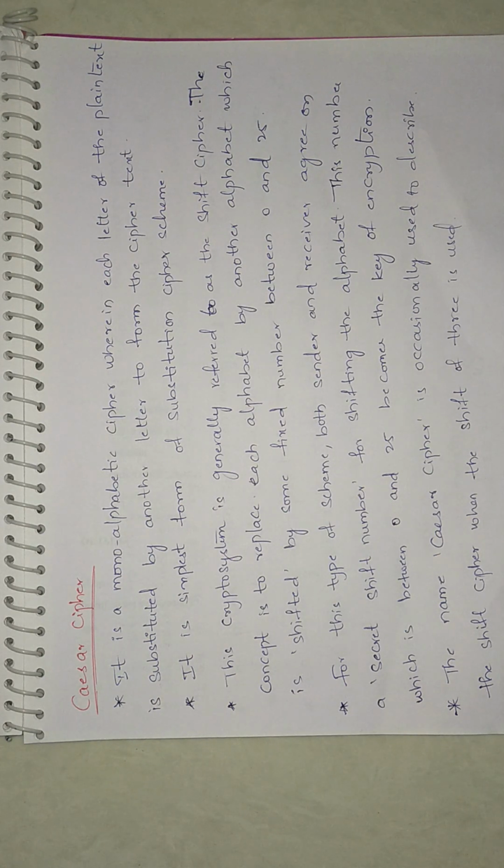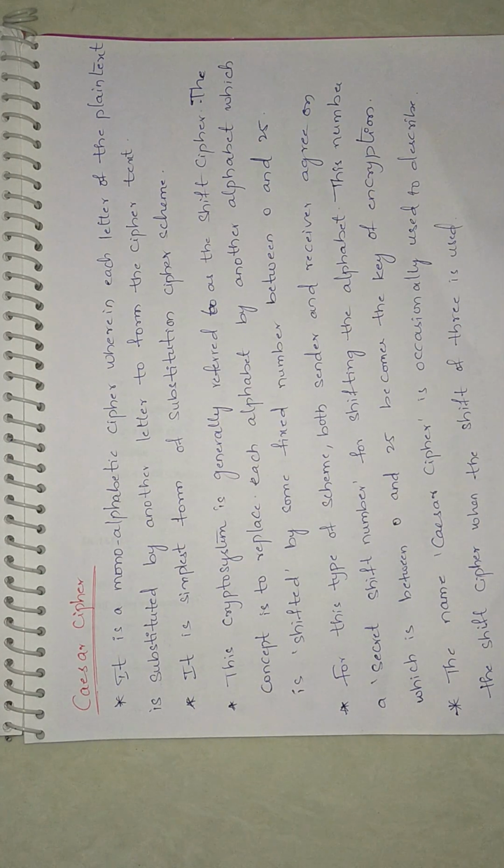For this type of technique, both the sender and the receiver should agree on some secret shift number. Shift number here means the k value, that is the key value, which is 3 in the Caesar cipher, and this secret key should not be known to anyone, because while substituting plain text with the ciphertext, we will use that key value only.